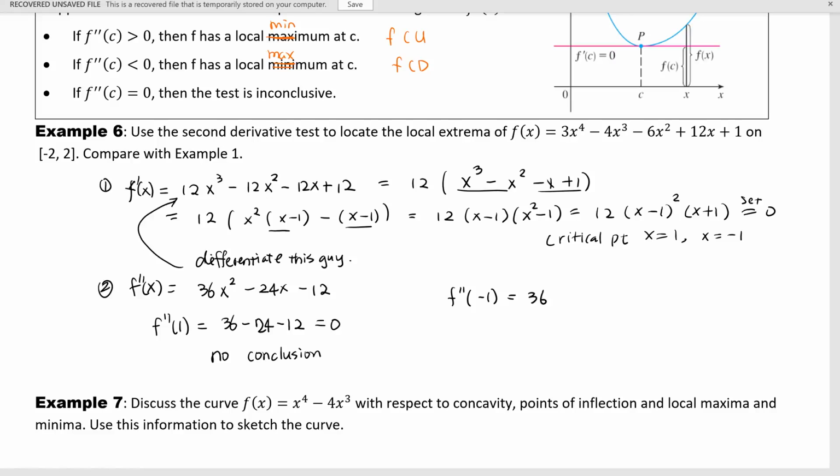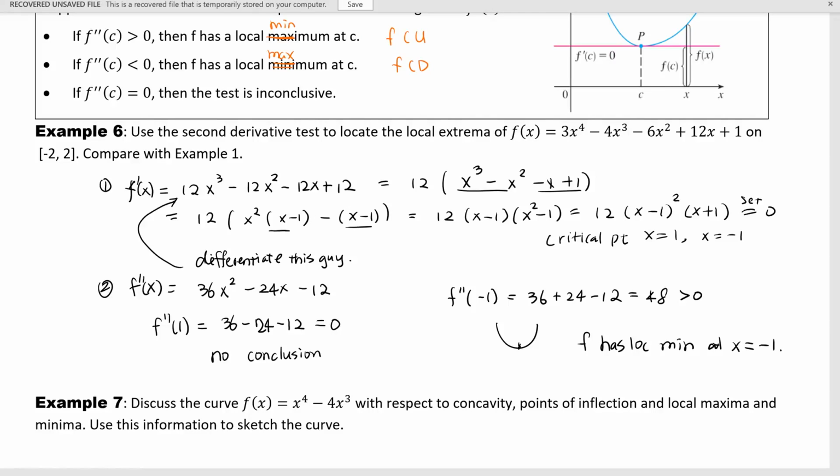We get 36 times minus 1 squared, which is 1, minus negative becomes positive 24, minus 12. So we have 48. That is positive, so that is why here we have positive means concave up. So this guy is a local minimum. So f has a local minimum at x equals minus 1.